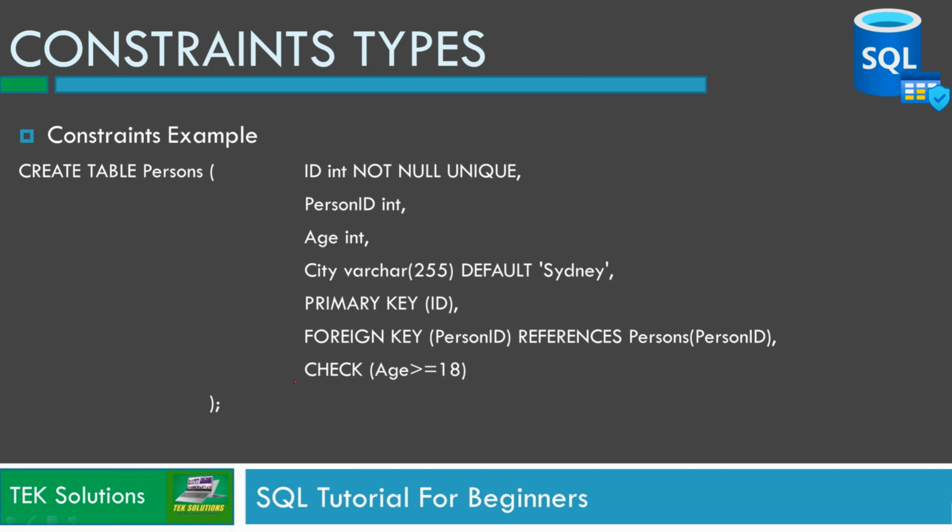And the next is the check constraint. It is enforcing the check constraint on the age column and telling that the value should be greater than or equal to 18. If the value while entering is less than 18, then the record won't be inserted into the database. So this is the example of constraints.